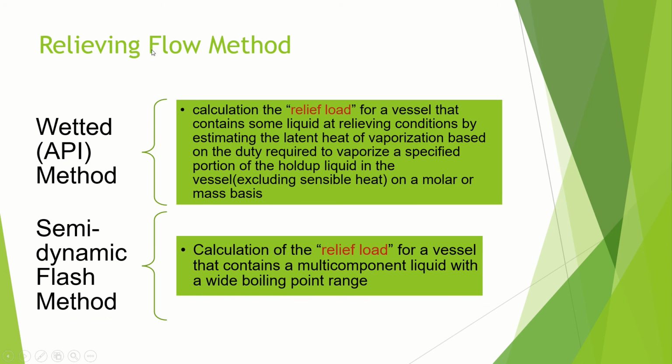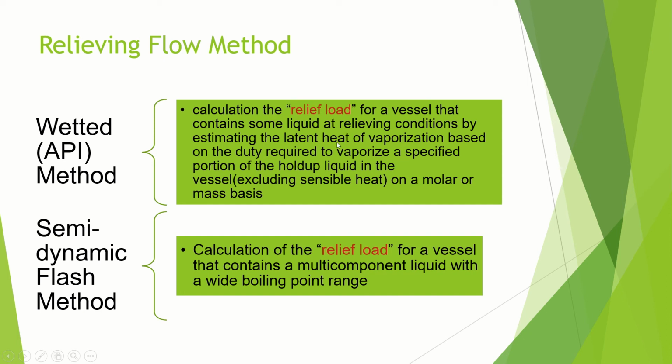Another definition is the relieving flow method. According to this module, the wetted or API method and the semi-dynamic flash method are the relieving flow methods. Each of them has its own definition. The wetted or API method is the method for calculating the relief load of a vessel that contains some liquid at relieving condition.